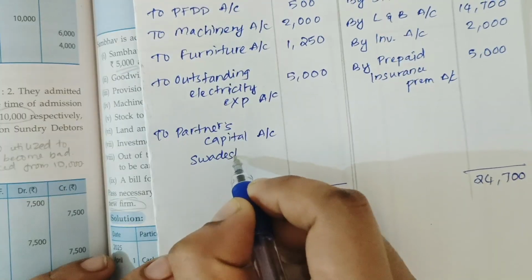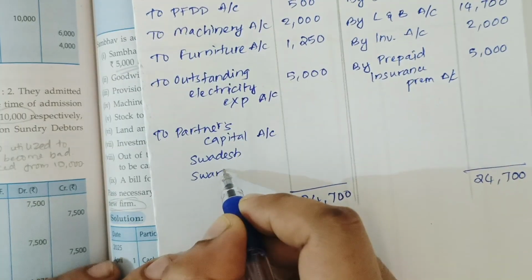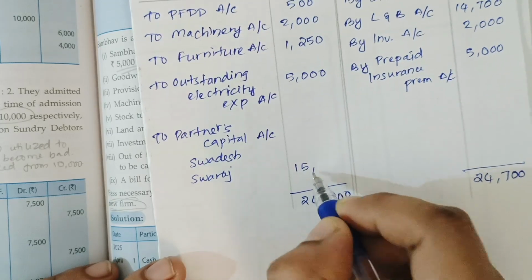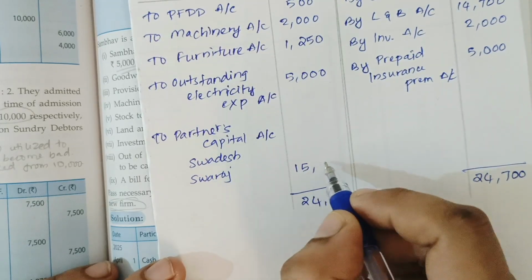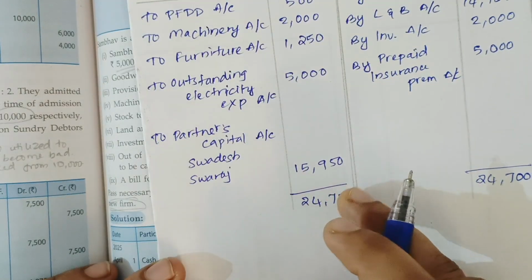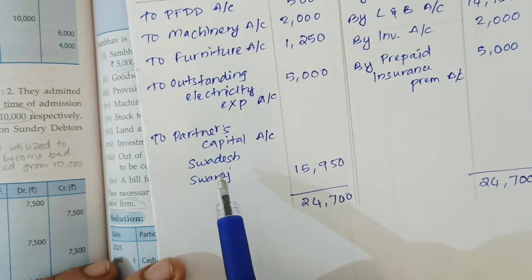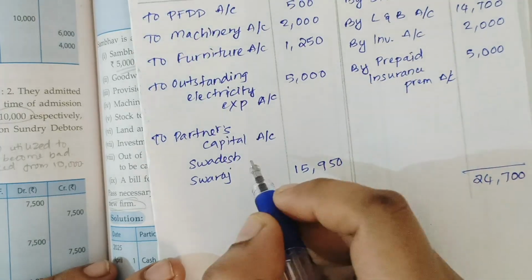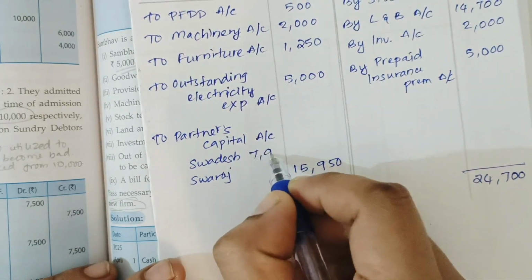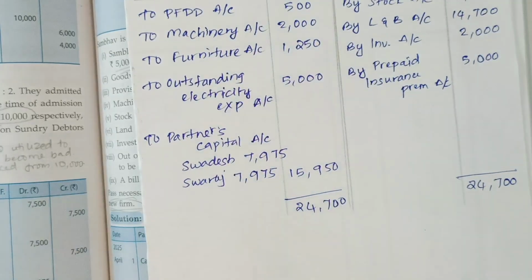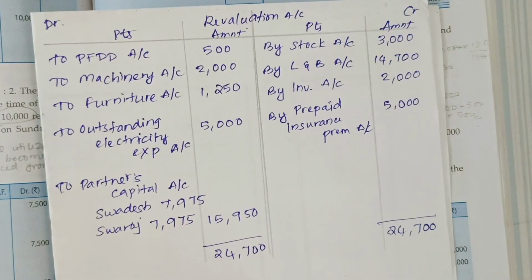Swadesh and Swaraj. The difference is 15,950, and this is distributed among the partners Swadesh and Swaraj in old profit sharing ratio, which is 1:1. The amount is 7,975. That's all. Revaluation account is done.